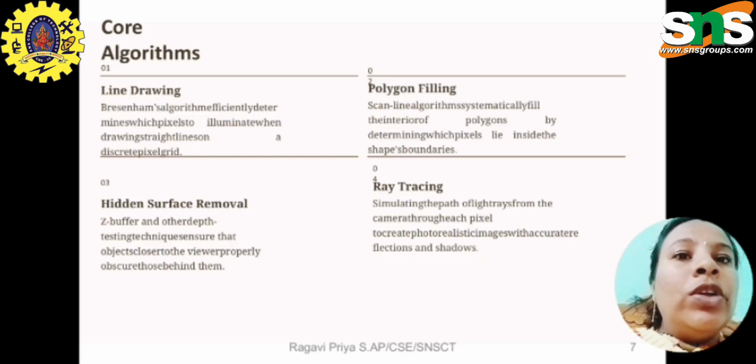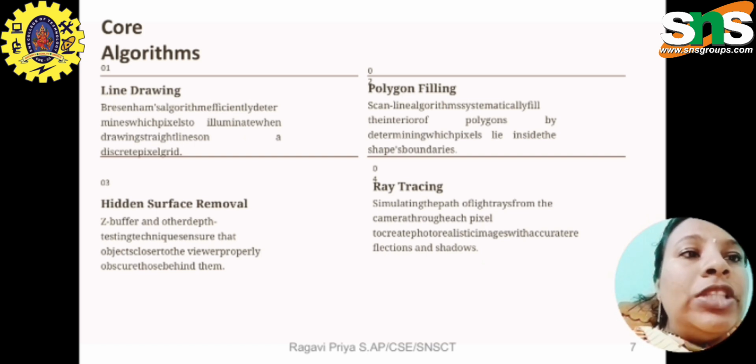The core algorithms of computer graphics are line drawing, polygon filling, hidden surface removal and ray tracing. Line drawing consists of Bresenham's algorithm, which efficiently determines which pixels to illuminate when drawing straight lines on a discrete pixel grid. Next is polygon filling.